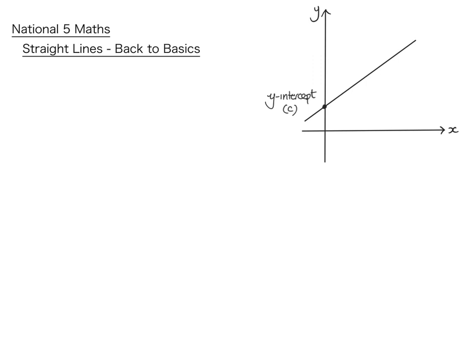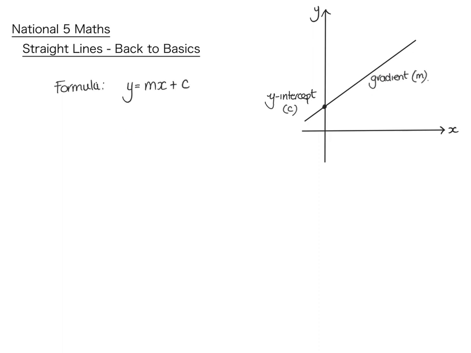And the other thing that we really need to know about a straight line to define it properly is its gradient. So when we know those two things, we can write down our straight line. And the formula for a straight line, just the basic one for now, is y equals mx plus c.